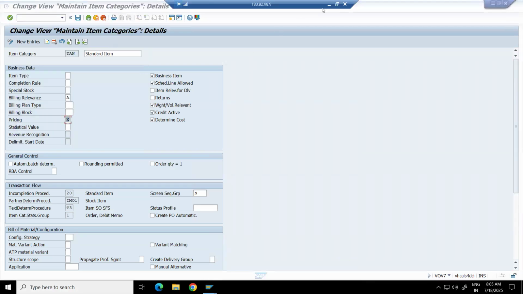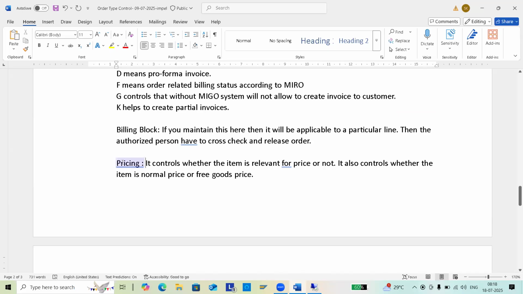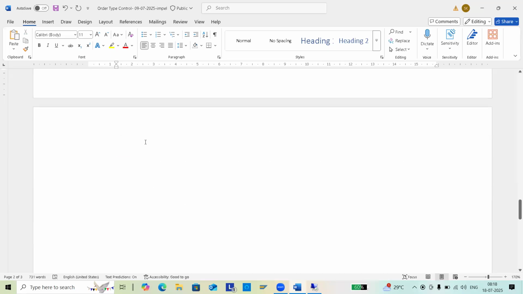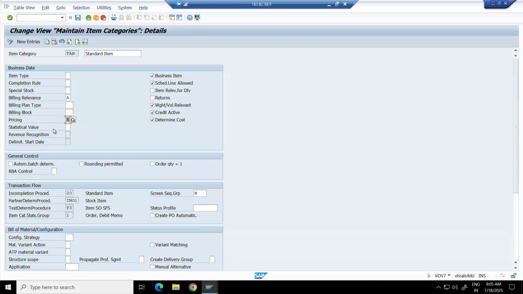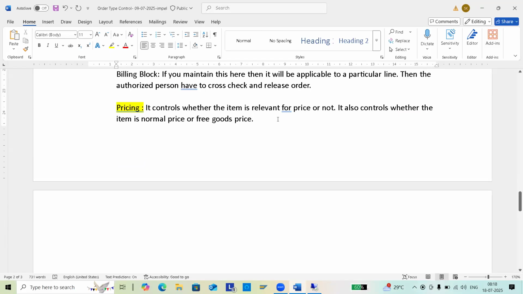Determine cost we had discussed, right? Statistical value. And one more thing you can mention here: normal equal to X and free goods equal to 100% discount.